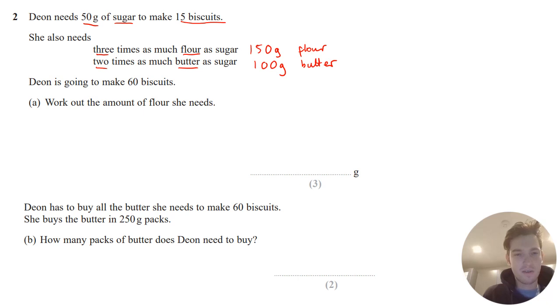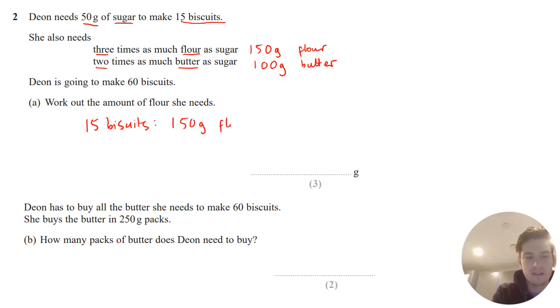Okay, Dion is going to make 60 biscuits. Work out the amount of flour she needs. So to make 15 biscuits, I worked out already that she needed 150 grams of flour. To make 60 biscuits, how do I get from 15 to 60?